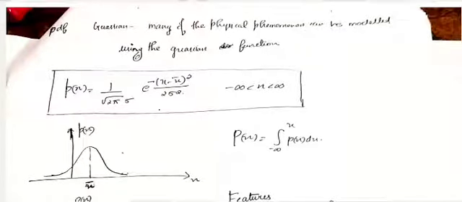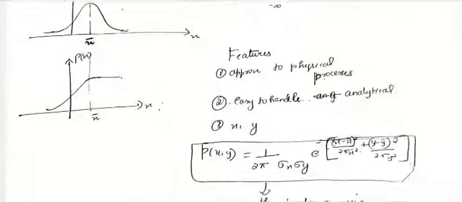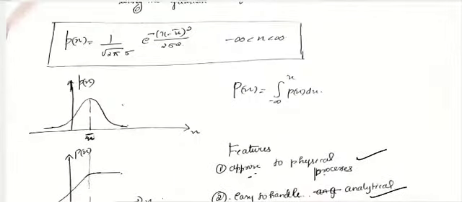I once again repeat, 1 divided by root 2 pi sigma, e raised to minus (x minus x bar) the whole square divided by 2 sigma square, and the features are approximation equal to physical process, easy to handle, analytical, and if it is a joint one, we write this like p of x.